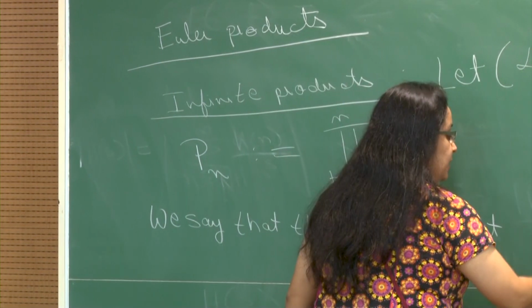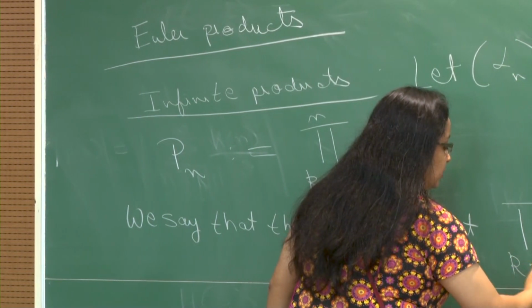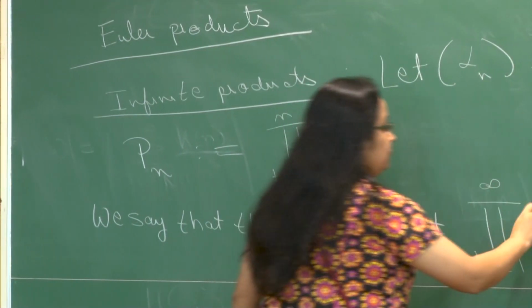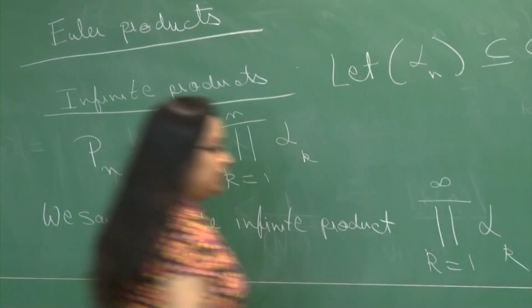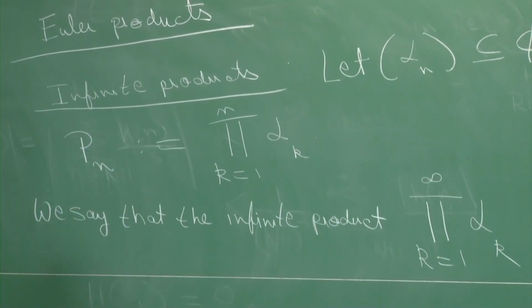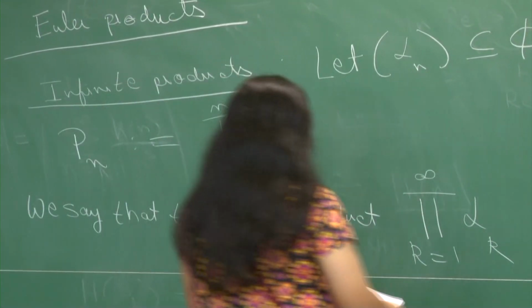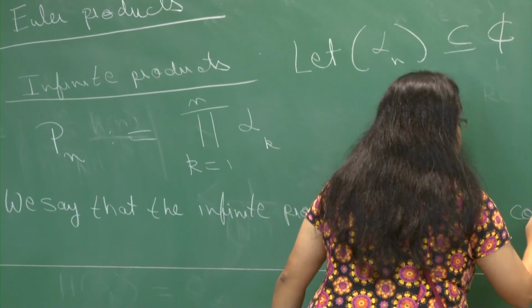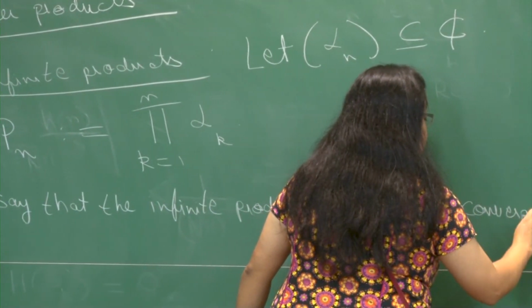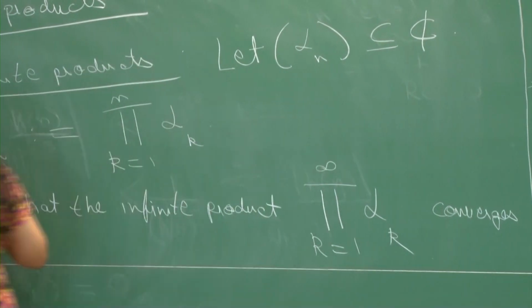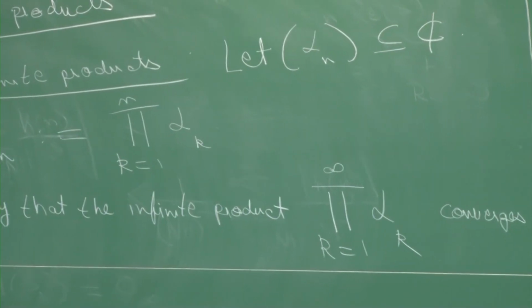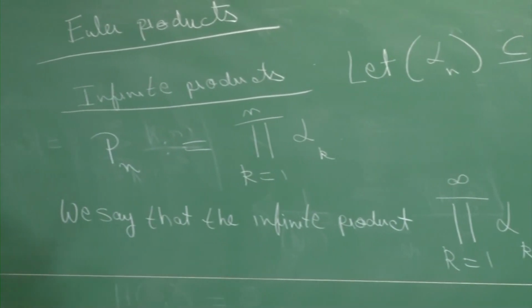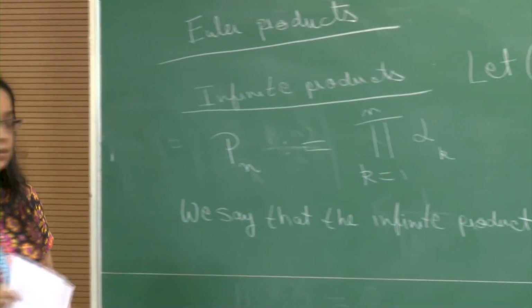We say that the infinite product, which we denote as the product for k going from 1 to infinity of alpha sub k, converges if the corresponding sequence of partial products converges, but to something non-zero.